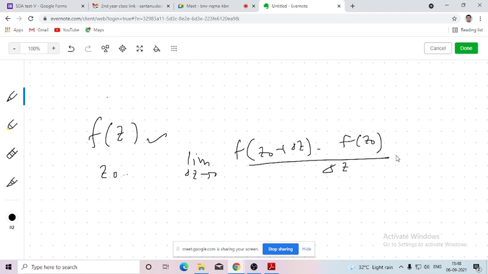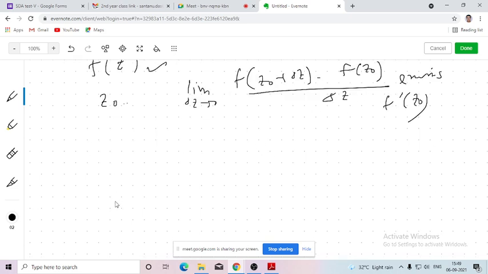If this exists, then we say that f dash z0 exists, otherwise not. If the function is differentiable at z equals z0, then we can proceed in that way.